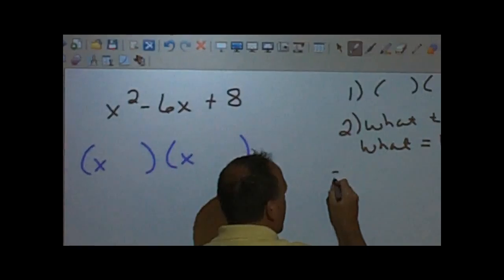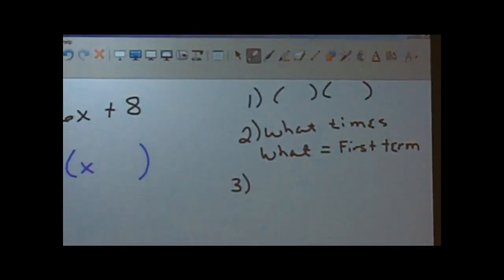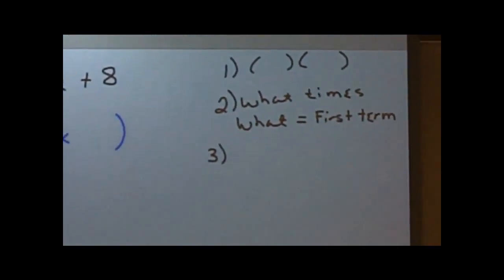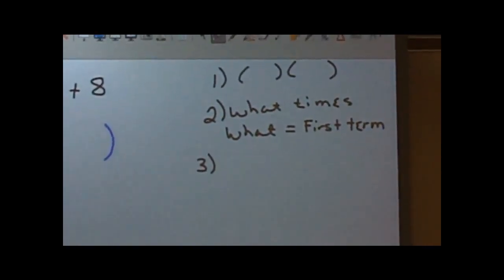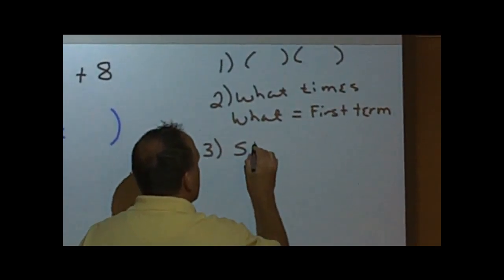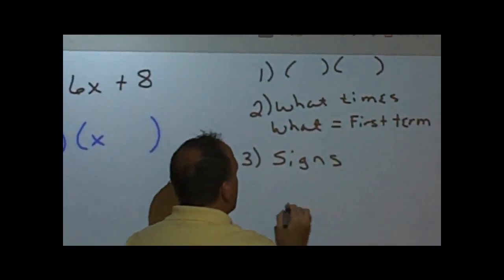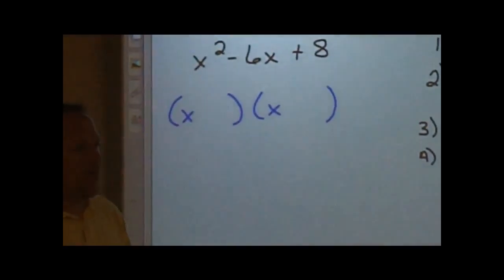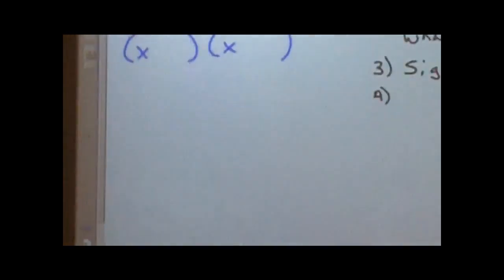Third step. What's my third step? No, not yet, before that. Signs. I've got to figure out my signs. And when I do that, I've got an A option and a B option. My A option is first.